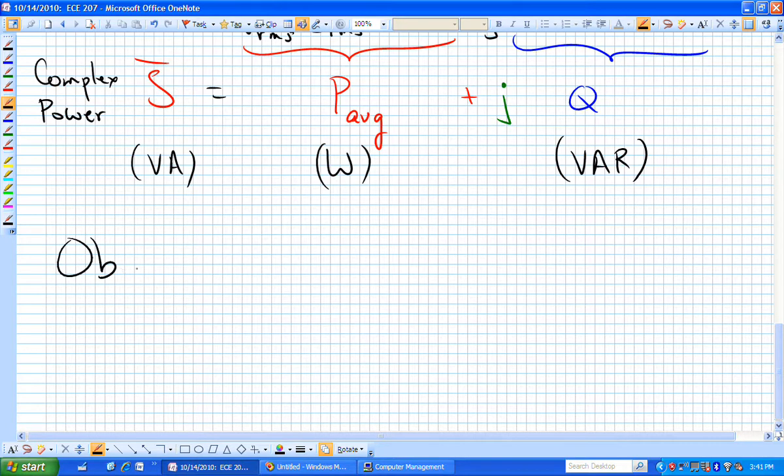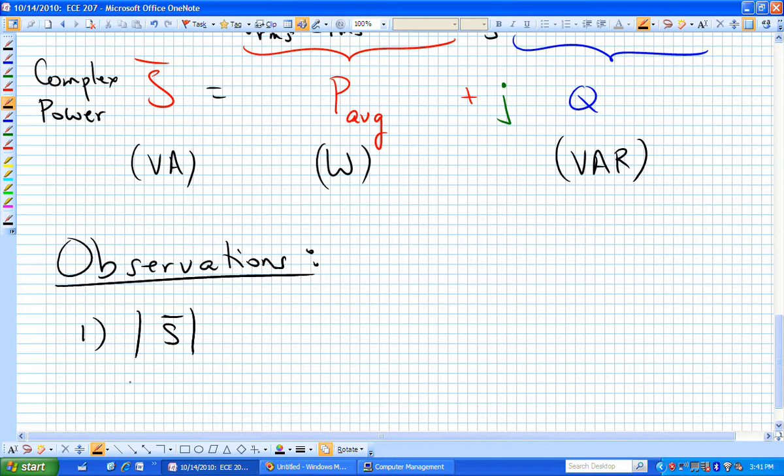And let's now make these observations. And it's really just algebra with the complex numbers. The magnitude of S bar has two parts to it, a real part and an imaginary part.